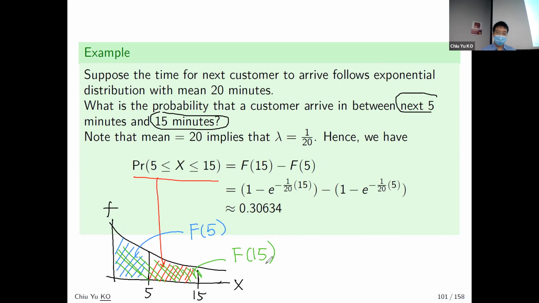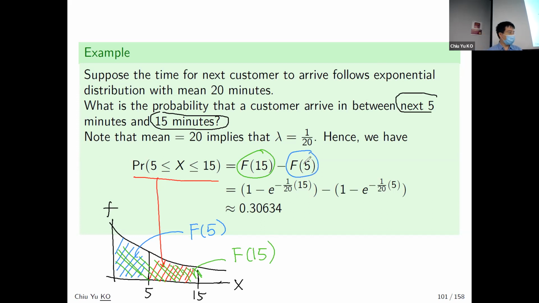So red will be equal to green minus blue, right? Green minus blue is red.